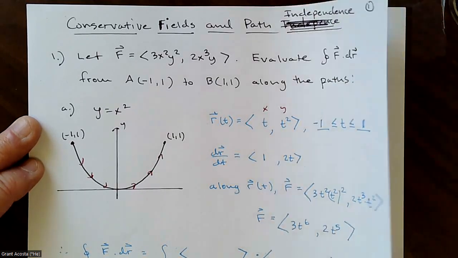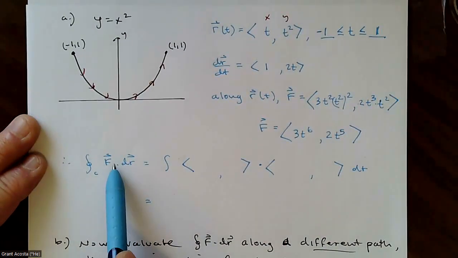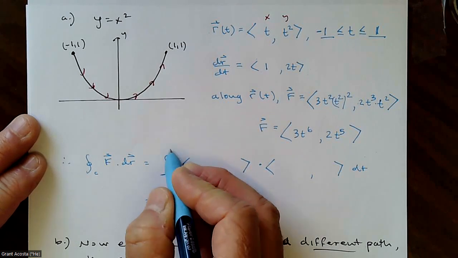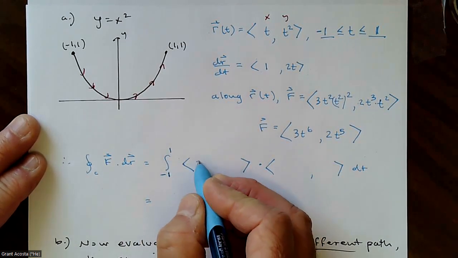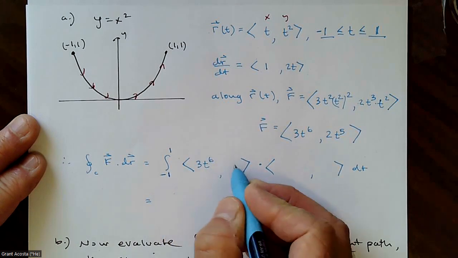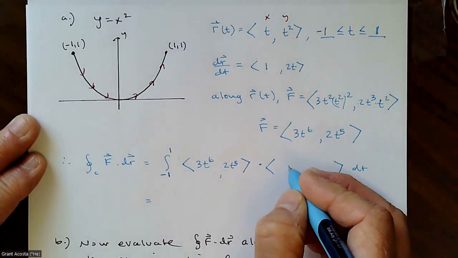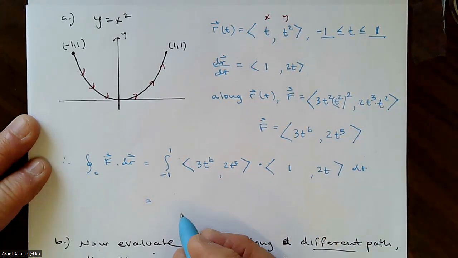So then I can evaluate my integral of f dotted with dr. My limits of integration, we saw earlier, are going to be from -1 to 1. My f is (3t to the 6th, 2t to the 5th), dotted with dr, which is (1, 2t).